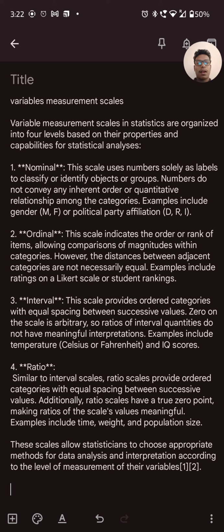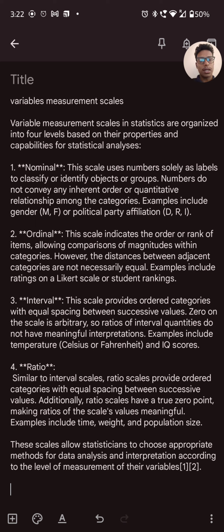So what we covered are the meaning of statistics, the types of statistics, and the meaning of data. Then we covered population, sample, and sampling techniques. We'll see sampling techniques in depth as well.